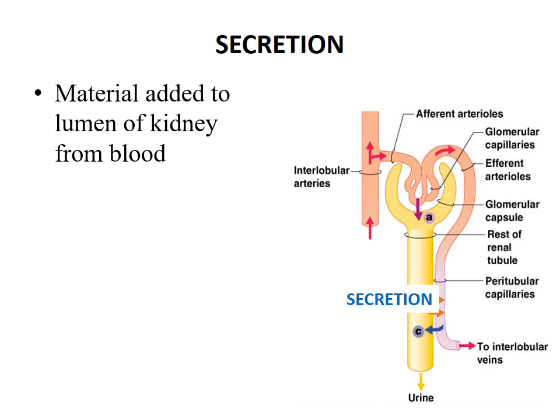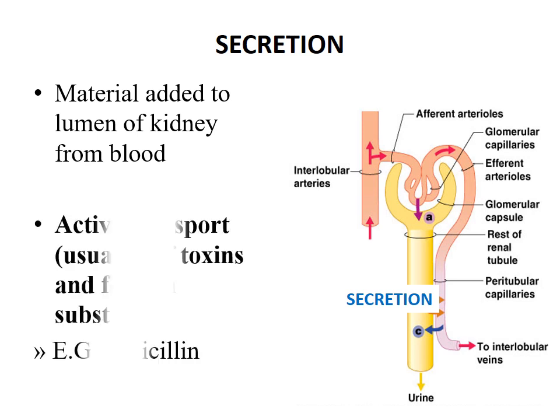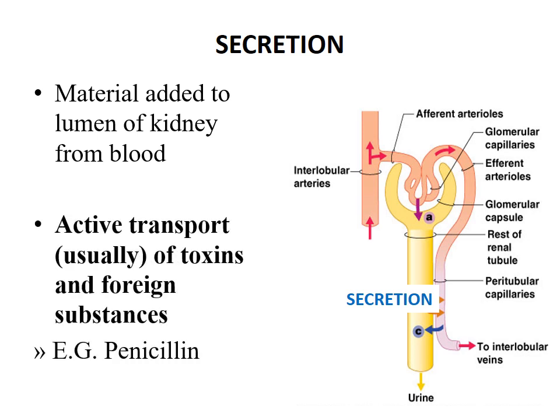So substances are secreted back from the blood into the tubule, into the filtrate. Active transport, usually of toxins and foreign substances, will be done. One example is penicillin. Penicillin is always secreted from the blood into the tubules.